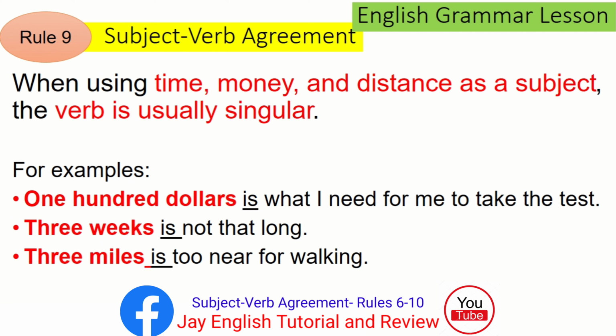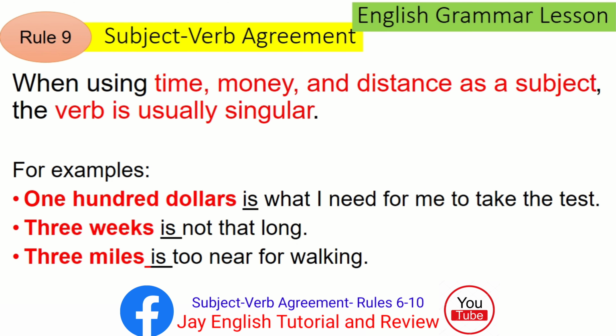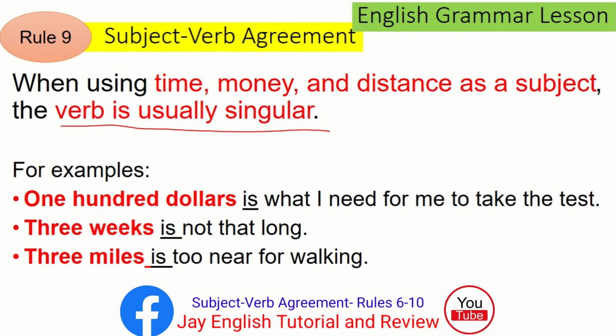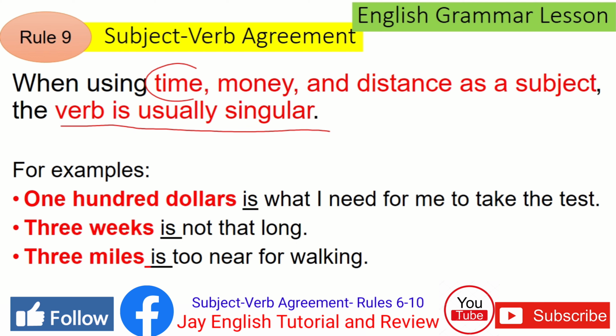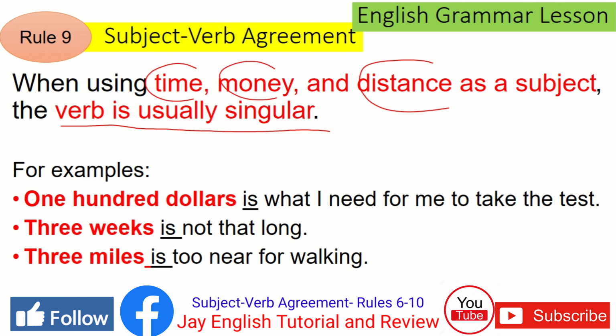Let's move to rule number 9. It says, when using time, money, and distance as a subject, the verb is usually singular. So we have here three things to consider: time, money, and distance. For example, $100 is what I need for me to take the test.